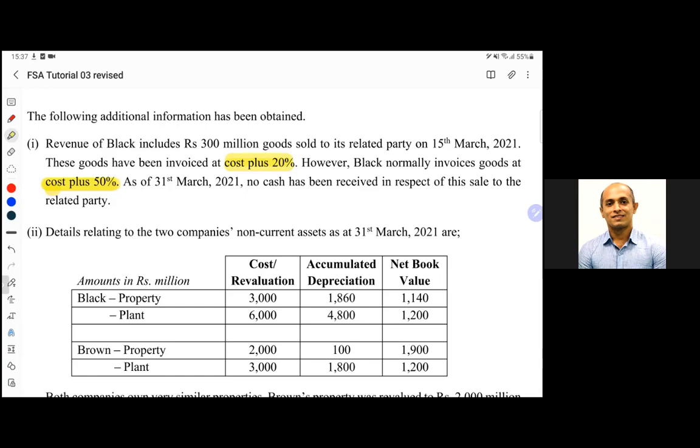So usually that happens. Now you see, the company has sold 300 million goods to a related party at cost plus 20%. So this 300 million is calculated on cost plus 20%.